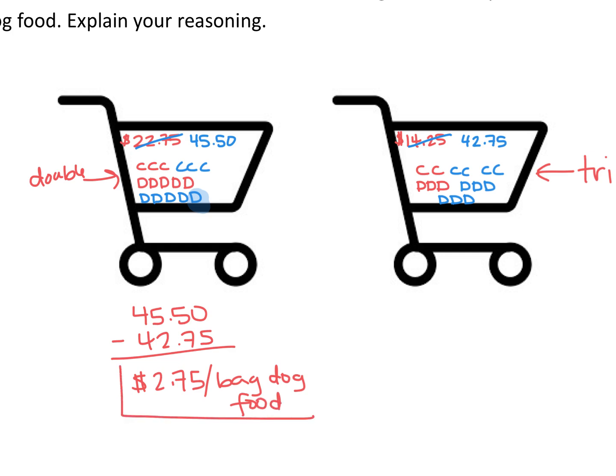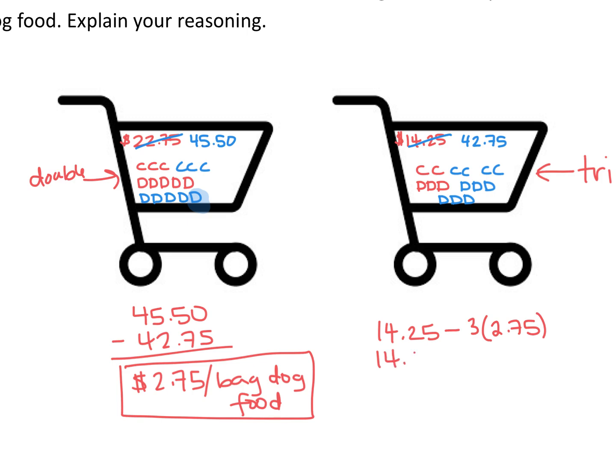Okay, now let's figure out the cat food. And I'm just going to use the right shopping cart, the 14.25, like originally, because it's got really small amounts in it. So if I do 14.25 minus the 3 dog food bags, so 3 times 2.75, let's see what I get.